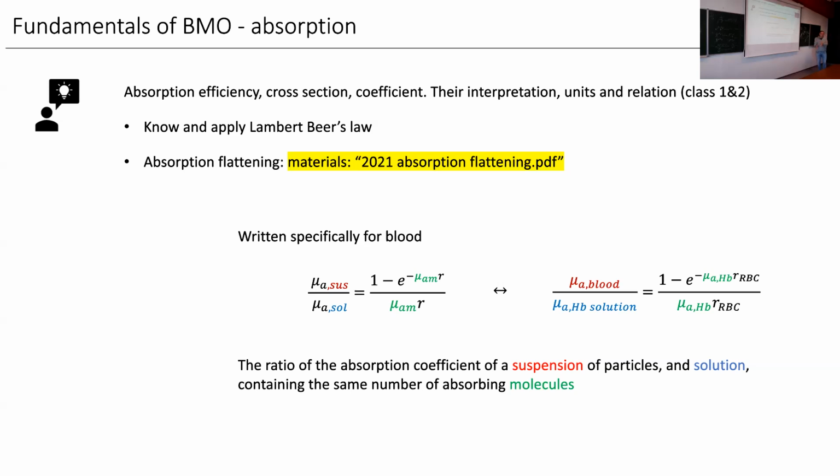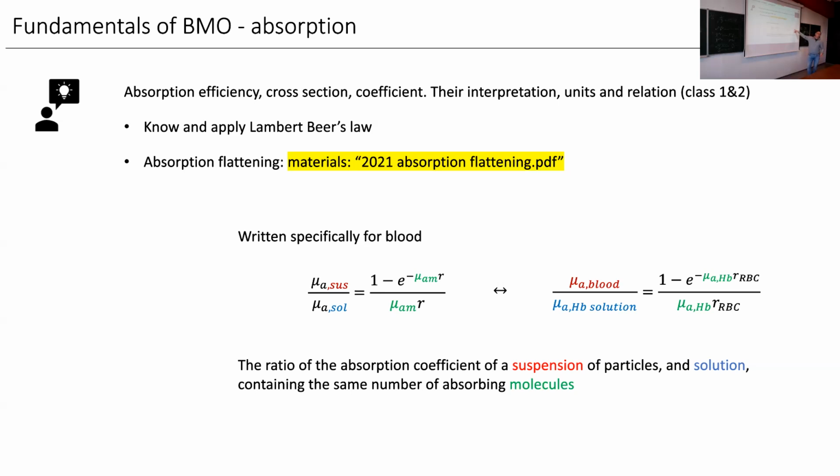The most important biological application of this effect is in blood, where the hemoglobin molecules are encapsulated in red blood cells. So for blood, you would have an absorption coefficient measured on the blood samples, like drawn blood. This would be the absorption coefficient if you would break all the cells in that blood sample and then do the measurement.